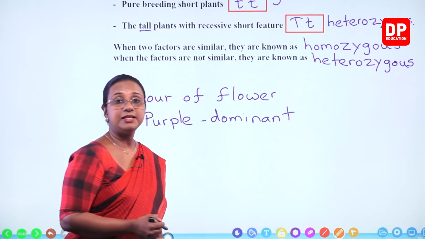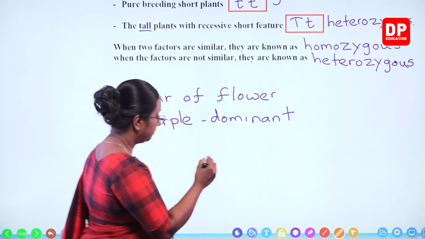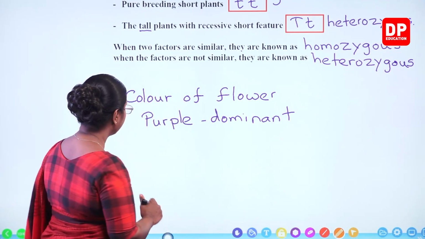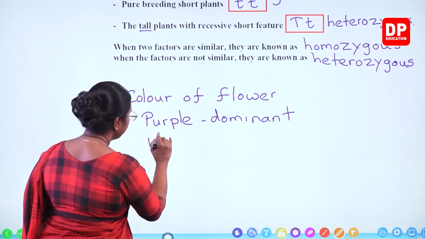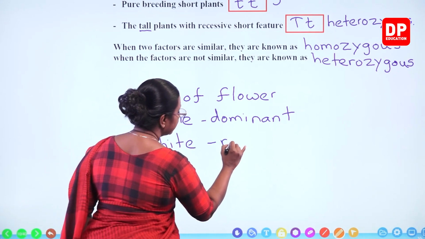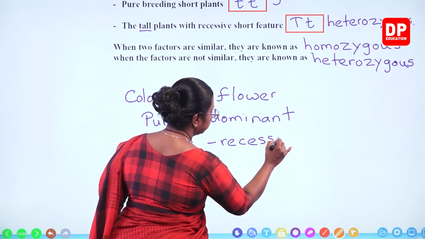So, what is the letter we write for purple? I will first write down the factors, then we will write down the letters. Then we have white flower. White is the recessive character.